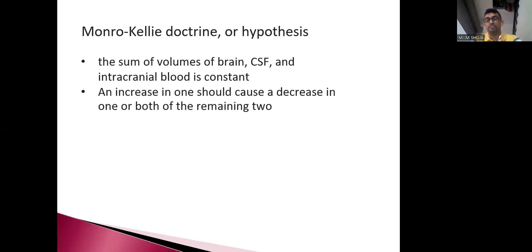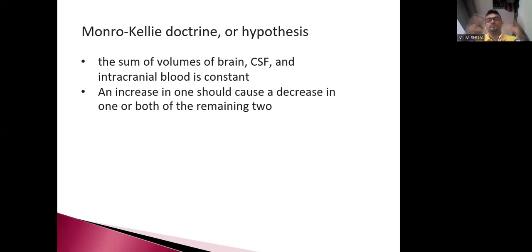It cannot be changed. But an increase in one factor should cause a decrease in one or both of the remaining two. Imagine the brain volume is increased due to a brain tumor, excessive proliferation of tumor.